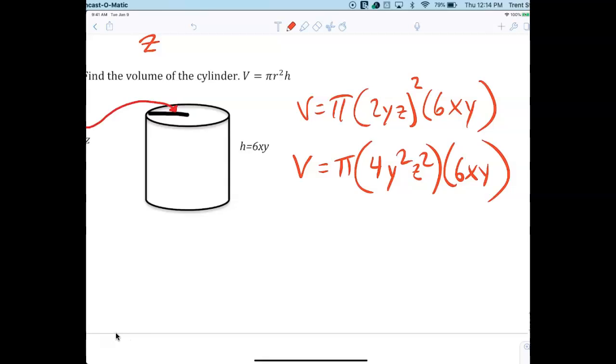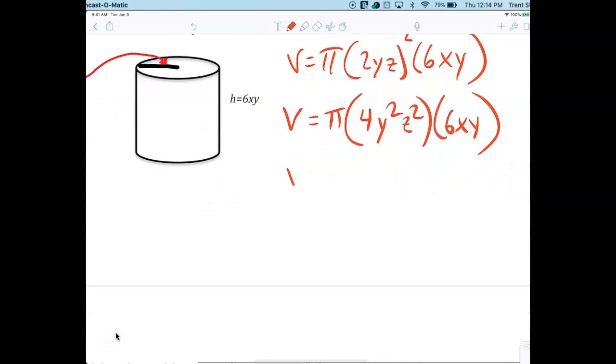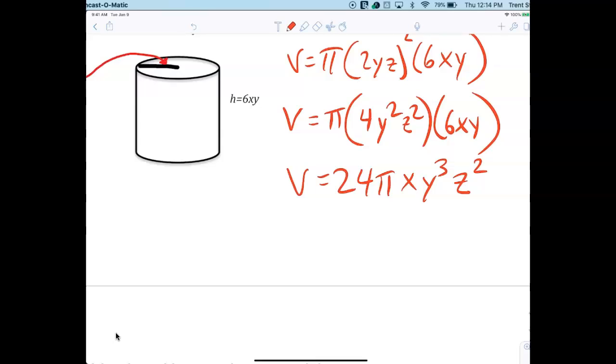What's 4 times 6? 24. That's a constant. So we're going to say 24 pi x y cubed z squared. Where do you want it? Does it matter where you put it, really? No, but in math we usually put the constant in front of the coefficient.